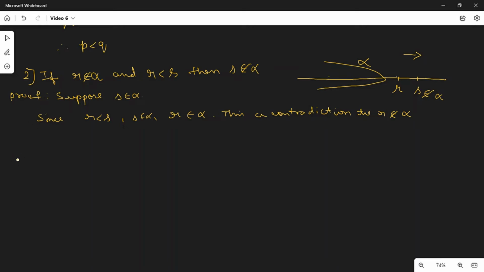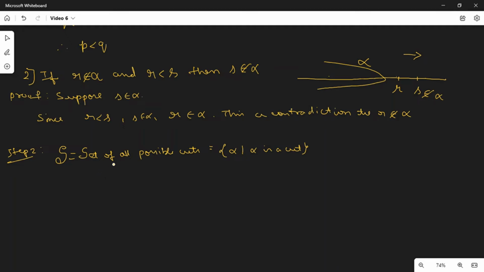Now let us come to step number 2. Before that, I'm just giving my own kind of explanation. Let S be the set of all possible cuts. You collect all the sets. What does this mean?